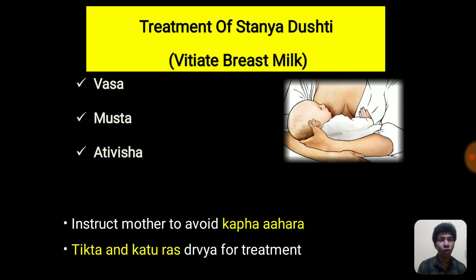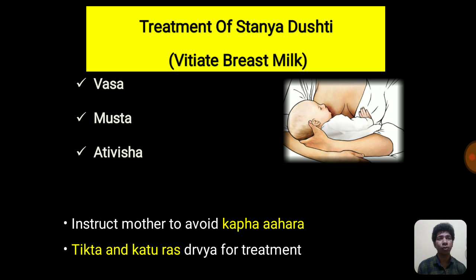And second, what I focus more on is to instruct the mother to avoid all the kapha ahara. Because if the mother who is feeding the child keeps on taking this kapha ahara, treating the child will become more difficult.